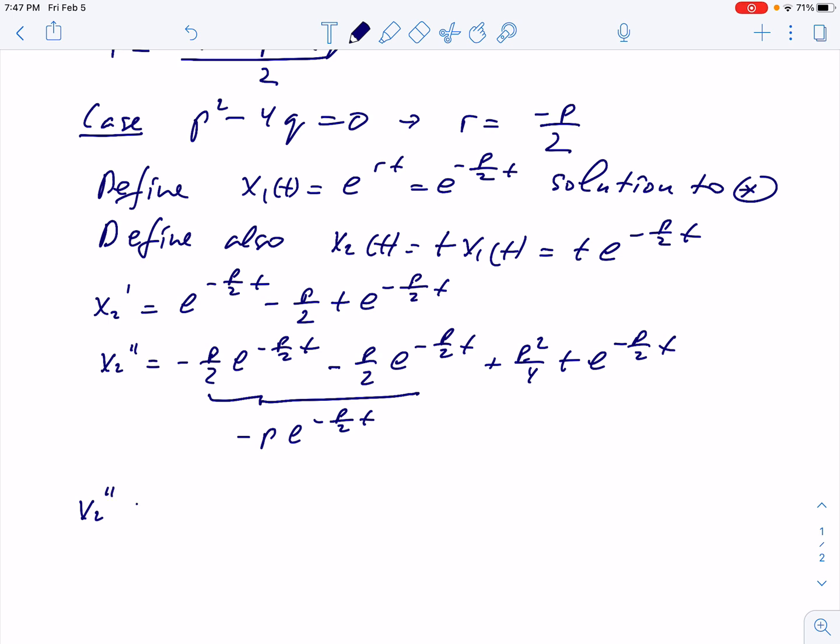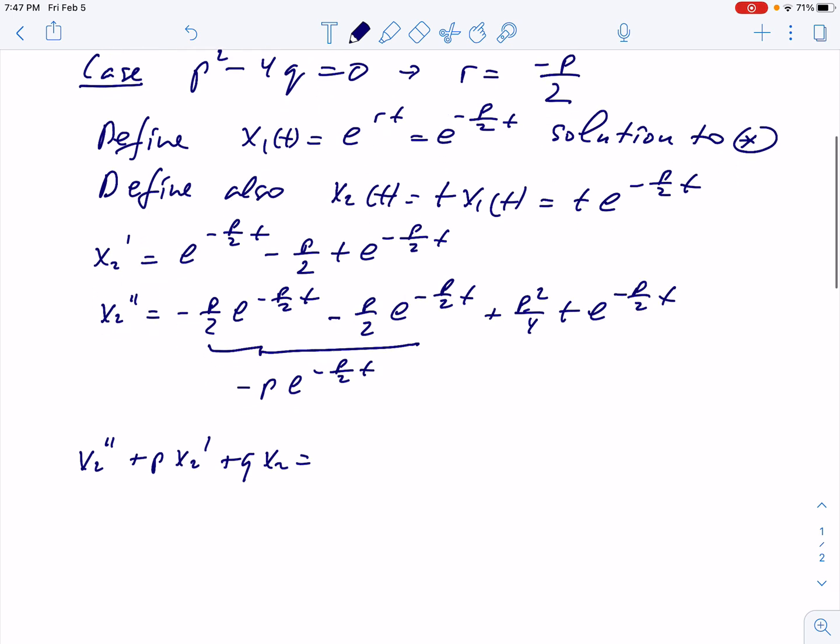x2 second plus p x2 prime plus q x2 equals. Now we're collecting all these things. Minus p exponential minus p over 2t plus p squared over 4 t exponential minus p over 2t. This is the second derivative.